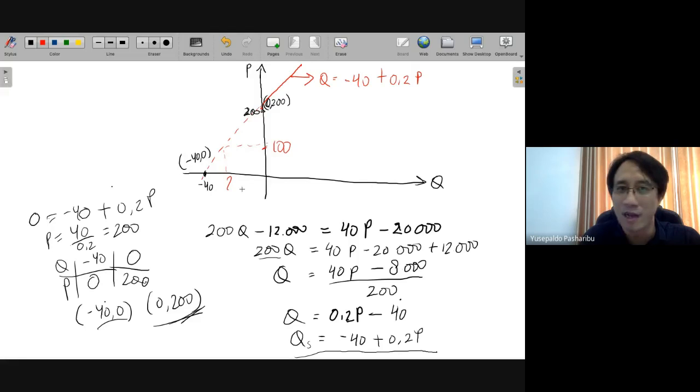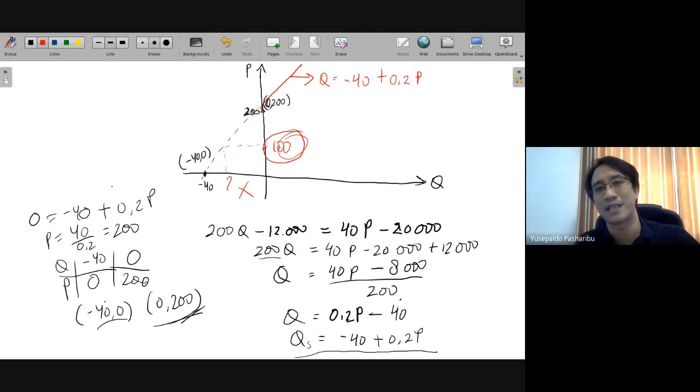That means no one wants to sell it at 100. Even if the price is 200, nobody wants to sell. There is no seller.